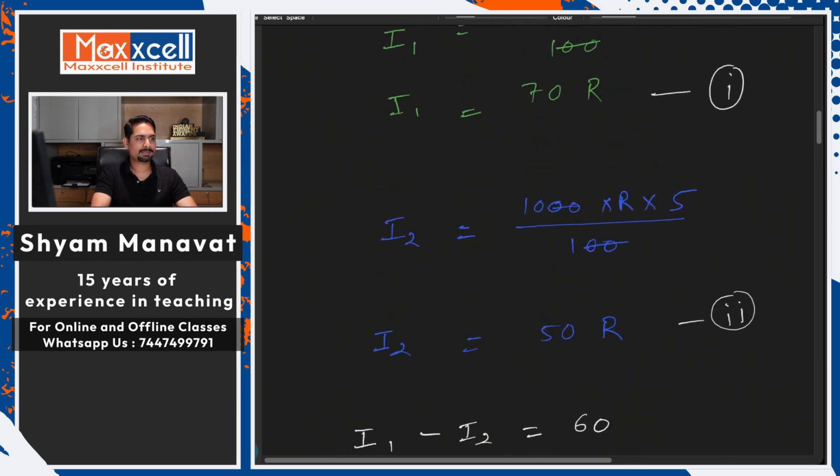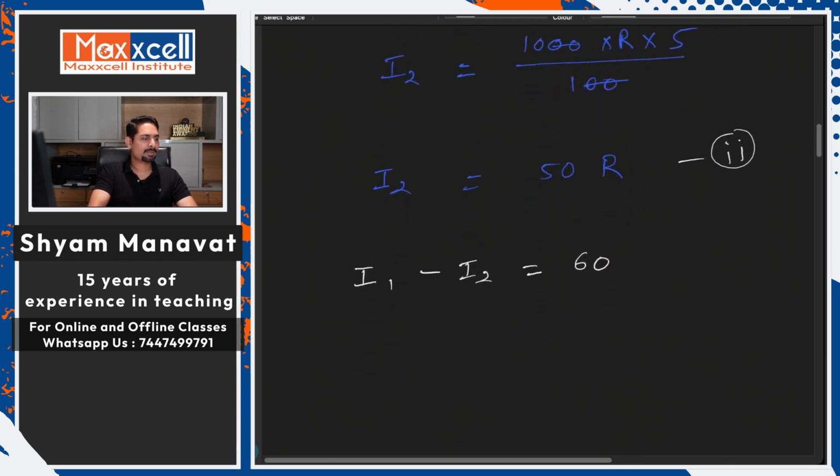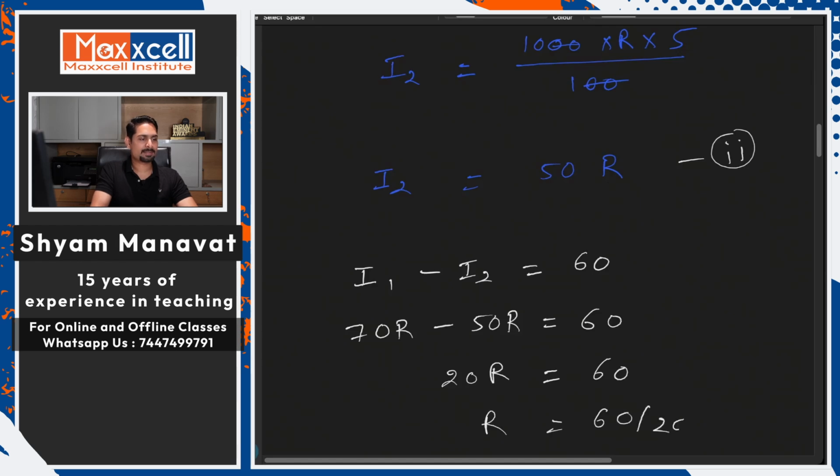What is the I1 value? I1 value from equation number 1 is 70R. What is the I2 value from equation number 2? That is 50R, equal to 60. So this is 20R equal to 60, R equal to 60 by 20. 60 by 20 is 3, since 2 threes are 6.